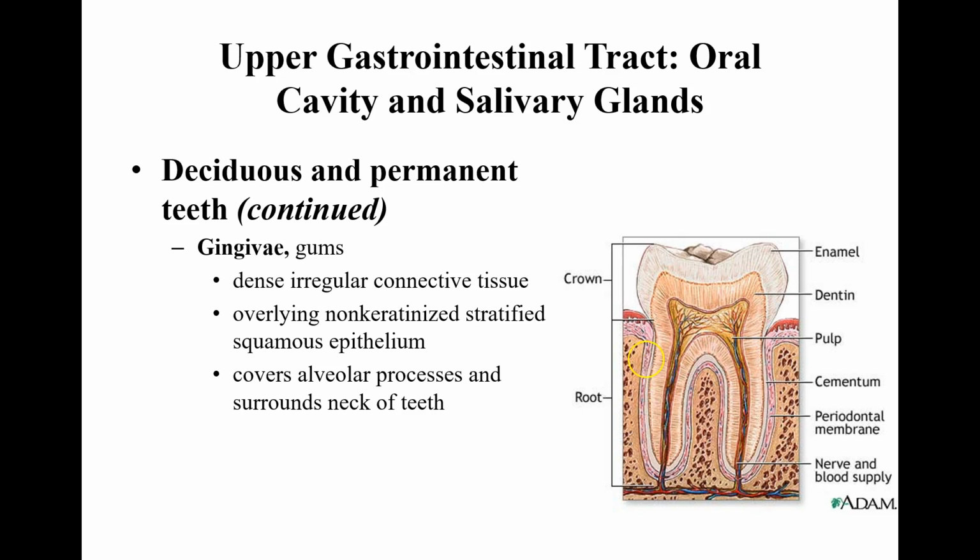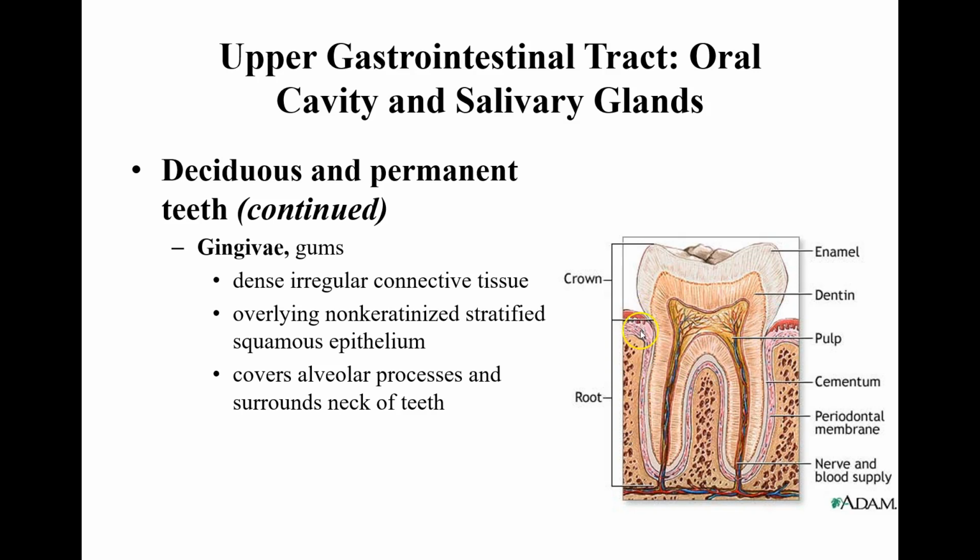And then each of the sockets is known as an alveolar socket, where the tooth actually sits. The gums should come all the way up to the tooth, and there should be a very tight connection between the gum and tooth, which is why we typically use floss to move in and get anything that has gotten in between the gum and tooth.